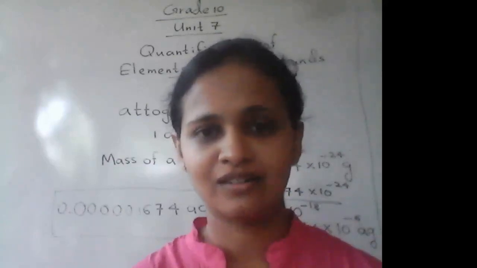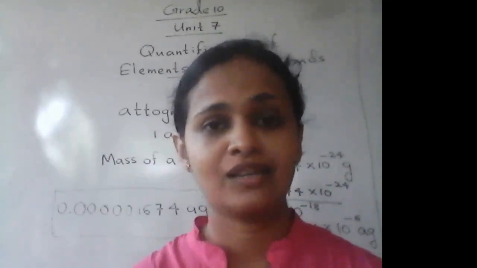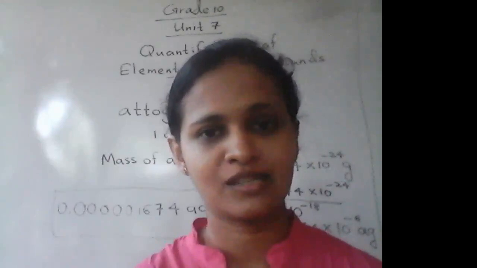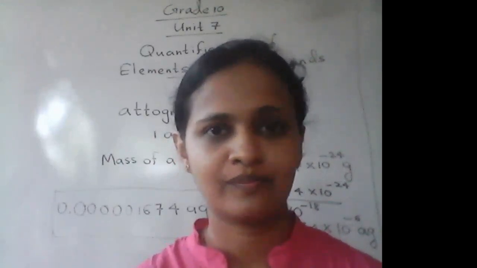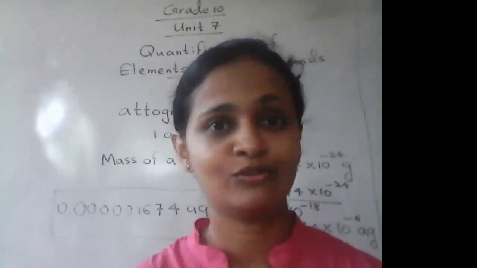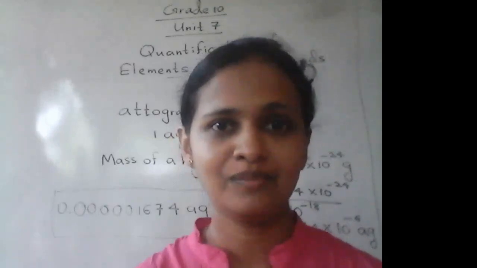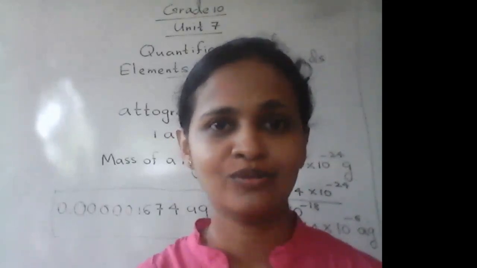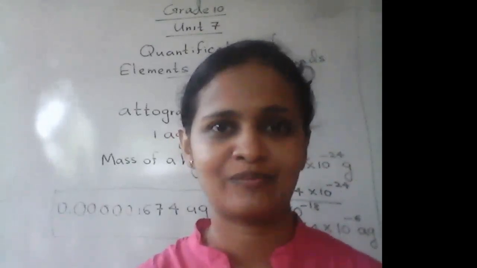When we take a car, the most suitable unit to present its mass is kilogram. Then if we take a loaf of bread, gram is the most suitable unit to present its mass.